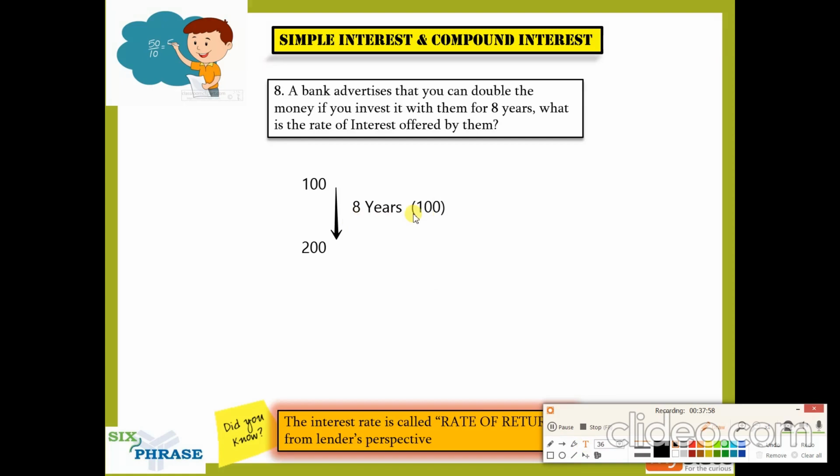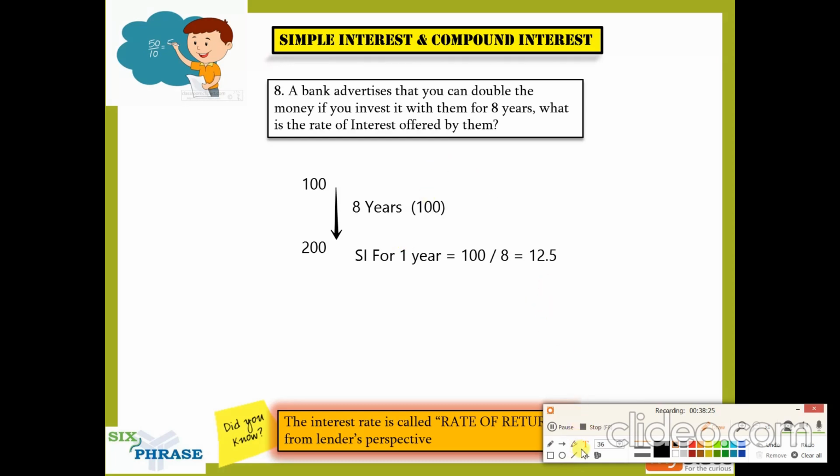If for 8 years the interest amount is 100, what is the SI for 1 year? SI for 1 year will be 100 by 8, which comes up to 12.5 rupees. So simple interest for 1 year is 12.5.